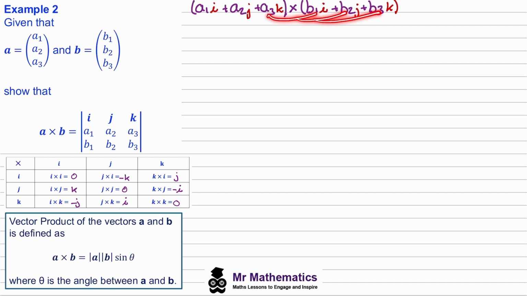So it's important to know here that we're not multiplying them, we're crossing them together as we expand out the two brackets. So if we begin with crossing this one with this bracket, then we get the i crossed with i to give us i squared, and then the A1 crossed with B1, the i crossed with the j, and the A1 crossed with B2, and then the i crossed with a k, and then A1 crossed with B3.